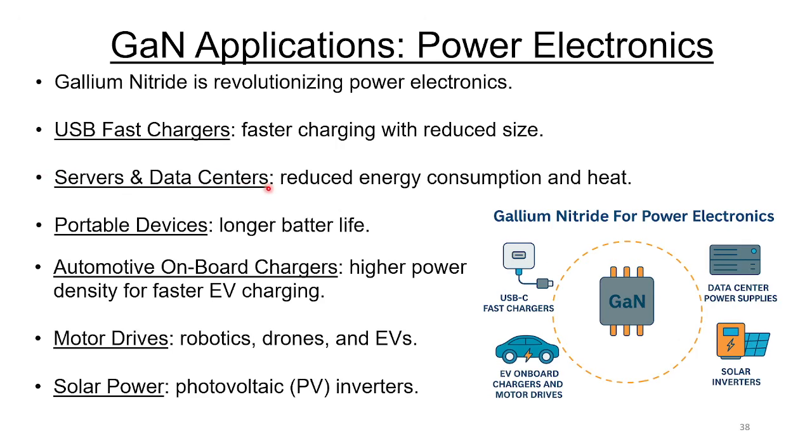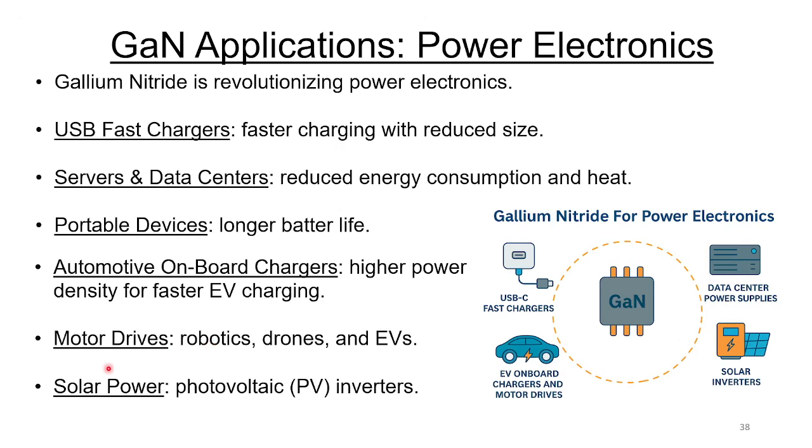These data centers use a lot of power. Portable devices, being more efficient, will extend your battery life. Automotive onboard chargers. This gives you a higher power density for faster charging of electric vehicles. Motor drives. Motor drives for robotics, drones, and electric vehicles.